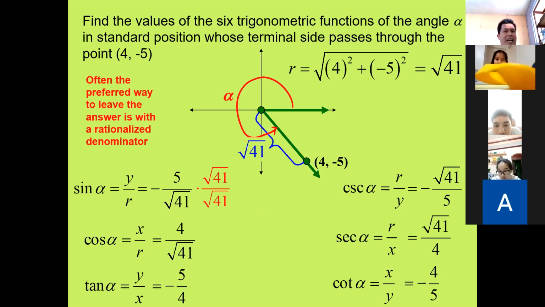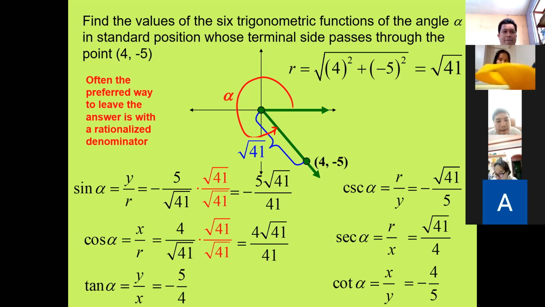For those with the radical sign, we multiply by the value of the denominator to come up with the rationalized final answer. As with cosine, we multiply by the same value. Leave the answers with rationalized denominators, meaning your denominator should not contain the radical. If you fail to do so, in a 2-point exam, I'll only give you 1 point for a non-rationalized final answer.